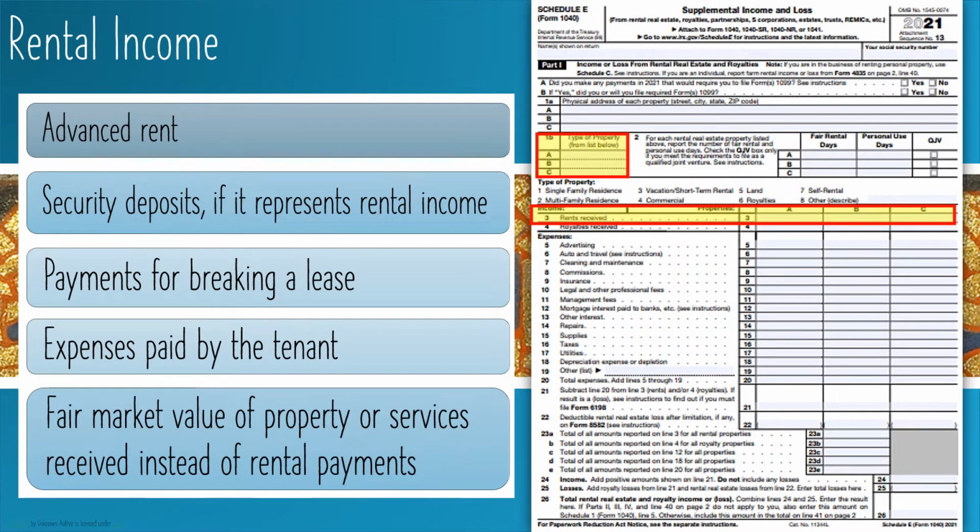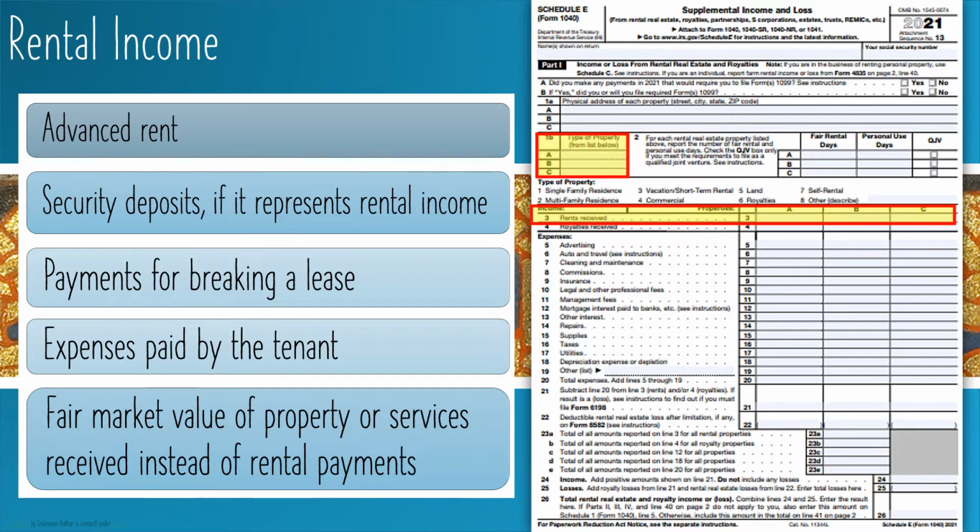So here again is our Schedule E, looking more specifically at rental income. You can see in box 1B, we're still needing to put in some sort of a code to describe what kind of property it is. Was it a single family residence? Was it a multifamily residence? There's some other types there that are listed but would be out of scope for the VITA program entirely.